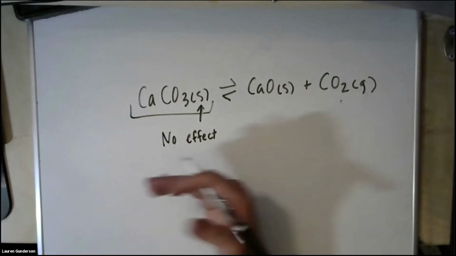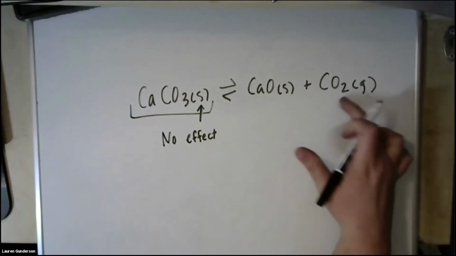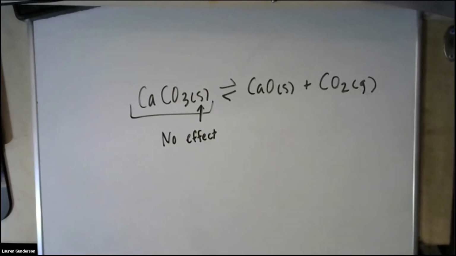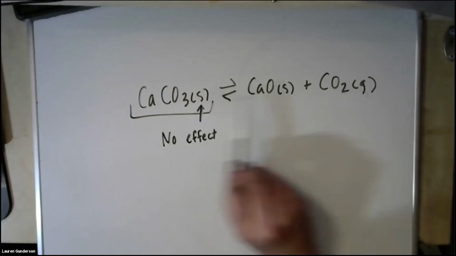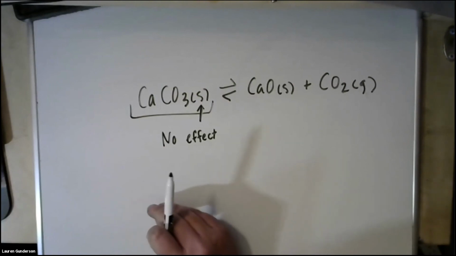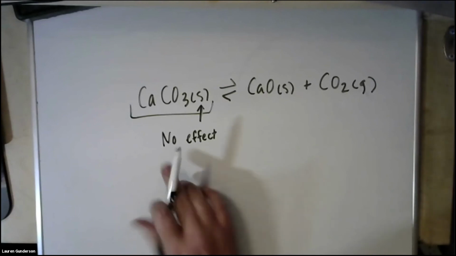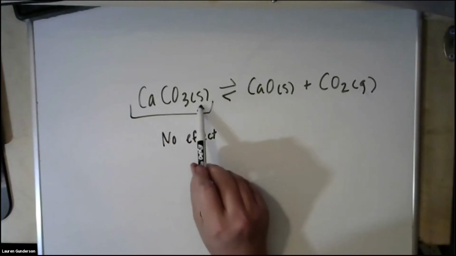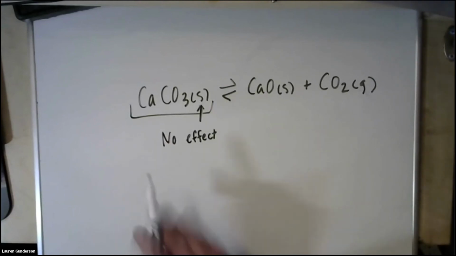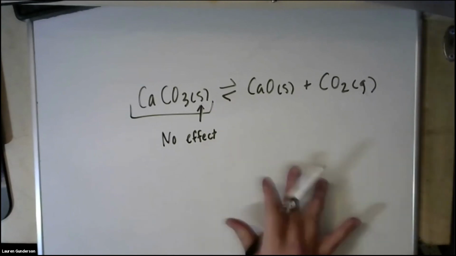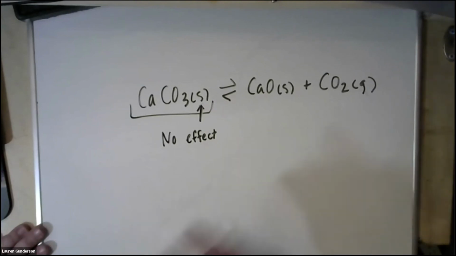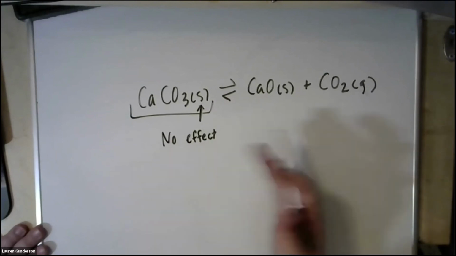What's going to affect our equilibrium is going to be the concentration of the products and the reactants that are not solids and are not pure liquids. Okay, as long as we have some of this solid present, it doesn't matter if we add or remove it. Okay, so there's no effect if we add additional solid CaCO3. It does not change our equilibrium at all. It's not going to affect the equilibrium. It's not going to cause a shift in a particular direction.